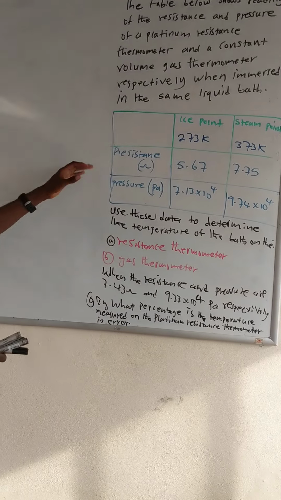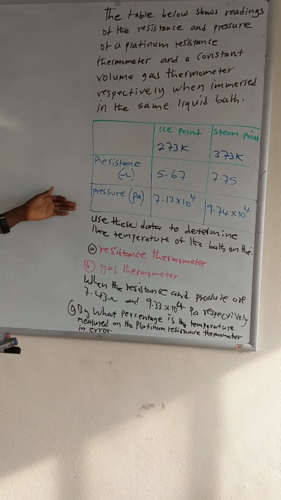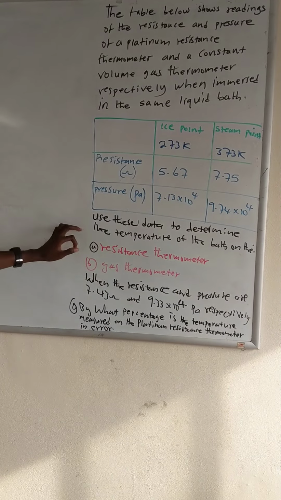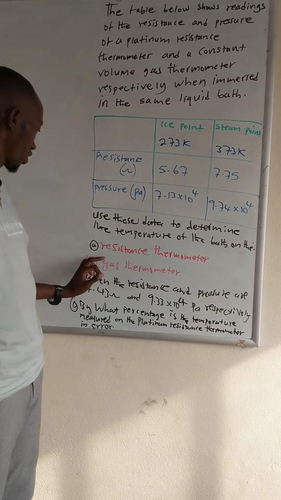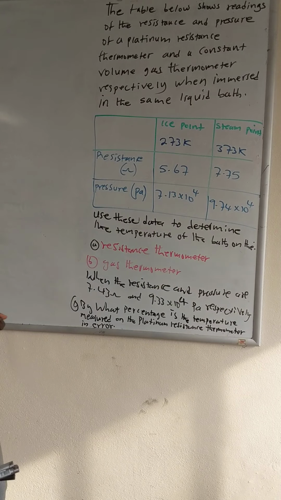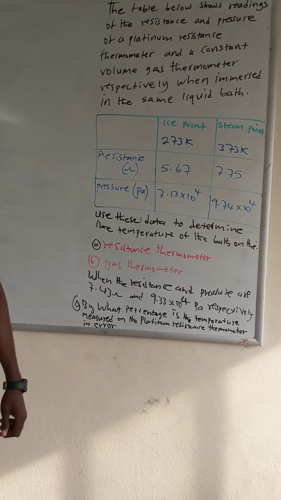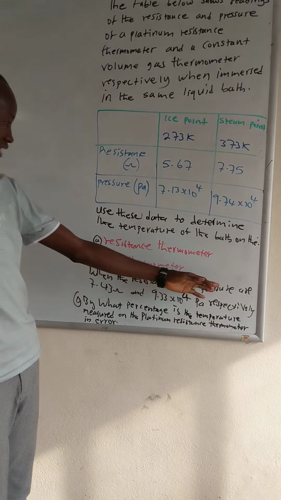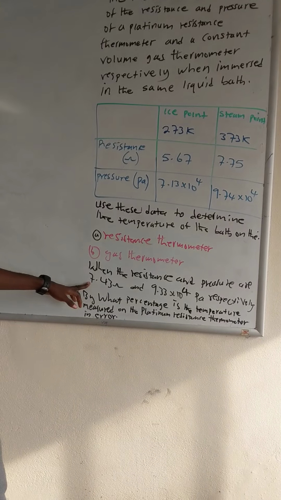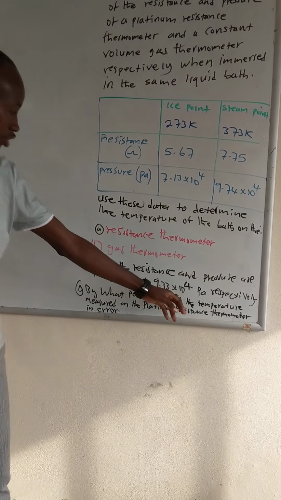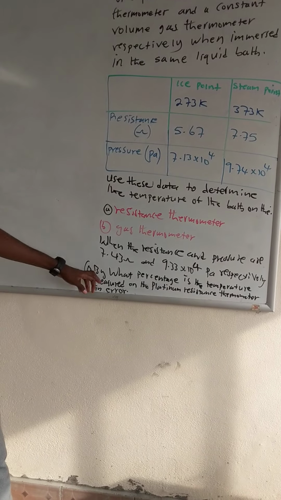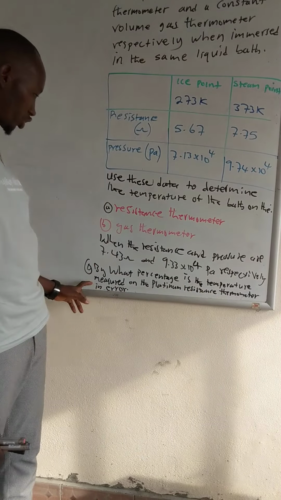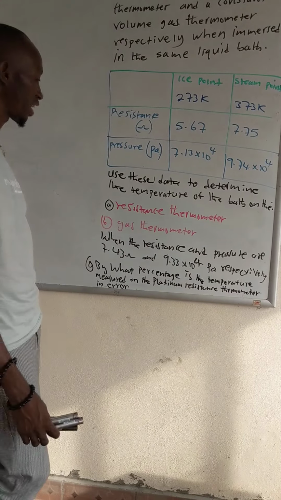After having this table, use the data to determine the temperature of the bath on the resistance thermometer and the gas thermometer, when the resistance and the pressure are 7.43 ohms and 9.33 times 10 to the power 4 Pascal respectively. And by what percentage is the temperature measured on the platinum resistance thermometer in error?